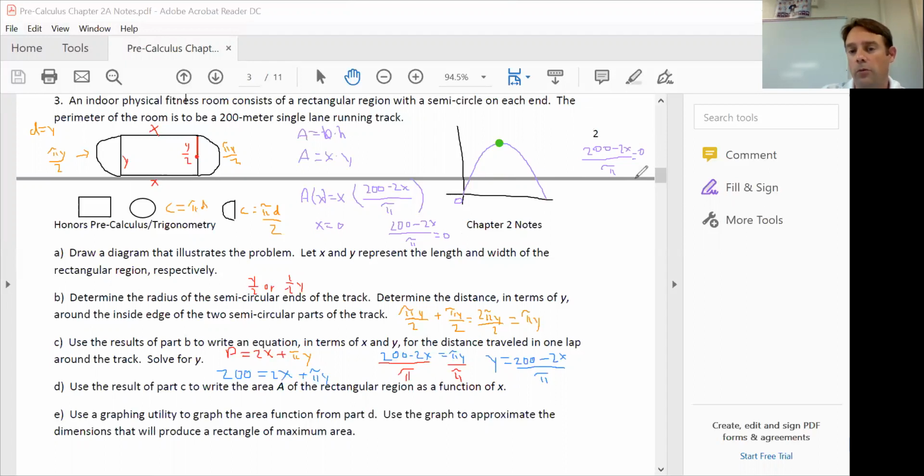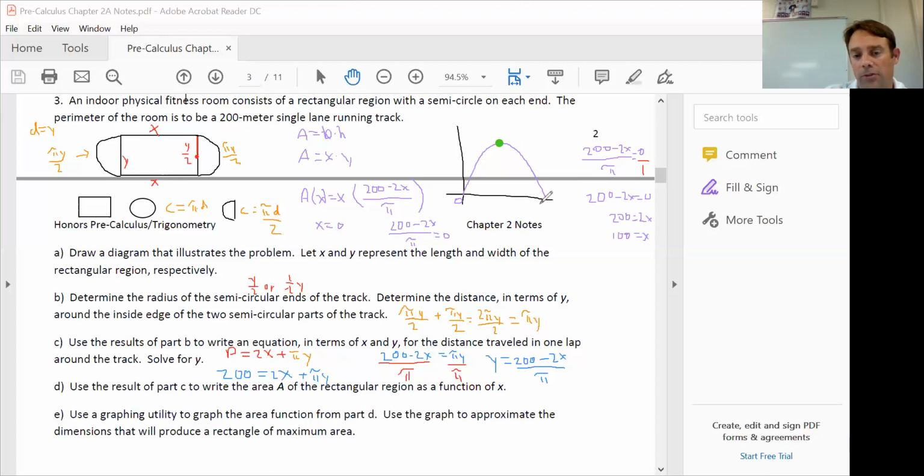I'm going to put that over 1 because, friends, I'm going to cross multiply this. When I cross multiply it, 1 times 200 minus 2x would be 200 minus 2x. Pi times 0 would be 0. So 200 equals 2x, and dividing both sides by 2, I get 100 equals x.